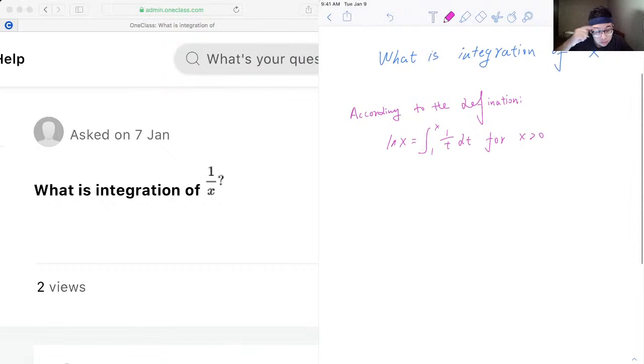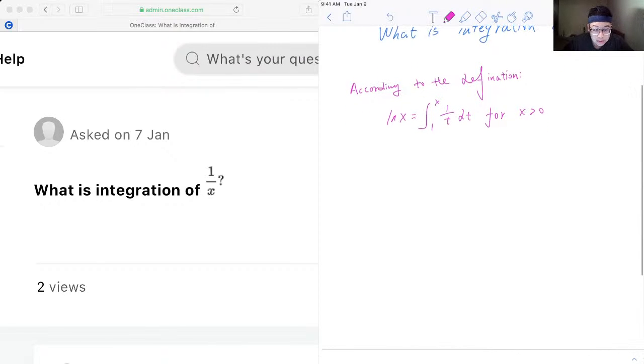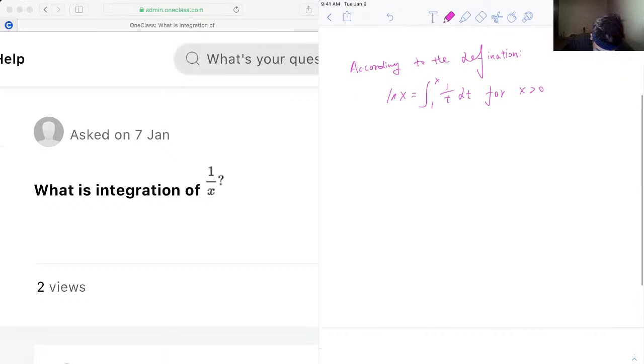So the antiderivative, or say the integral, of 1 over x is ln x plus c, where c is the constant.